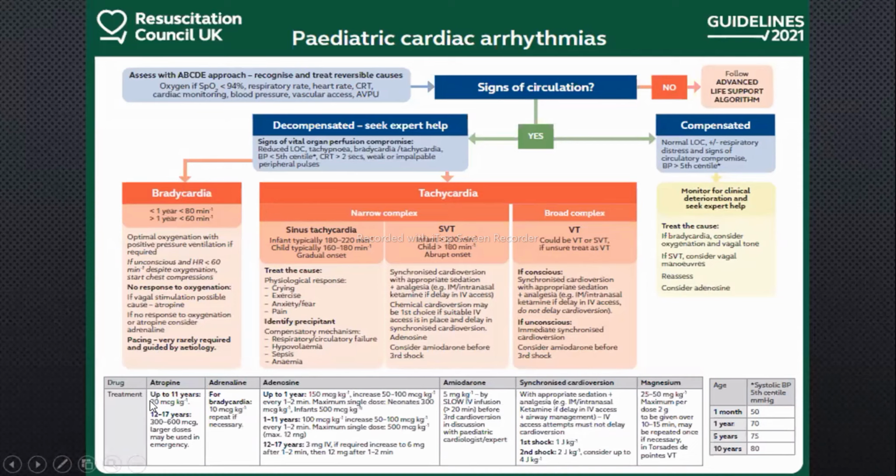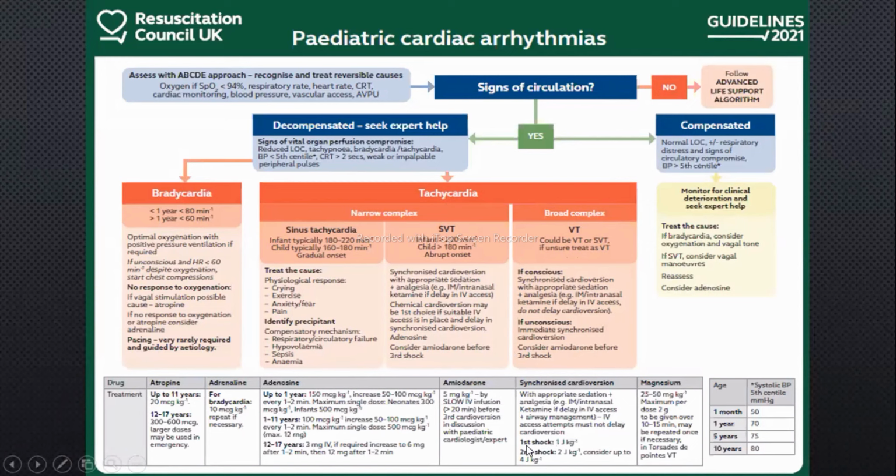Again, regarding atropine, the dose will be 20 microgram per kilogram. We are talking about pediatric. If the patient is stable with SVT, you can give adenosine. If the patient has broad complex and is stable, you can give amiodarone 5 milligram per kilogram.